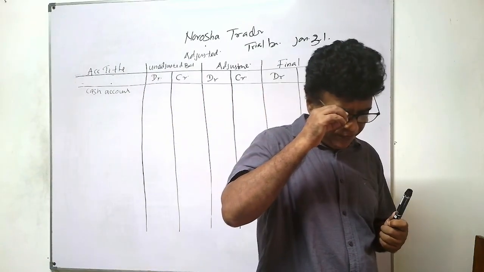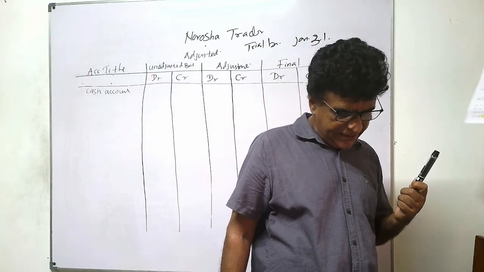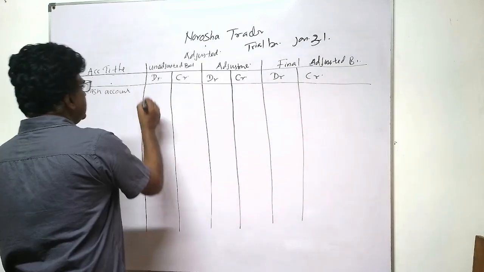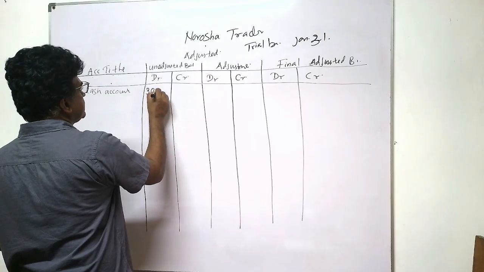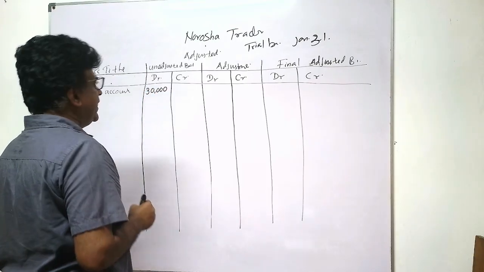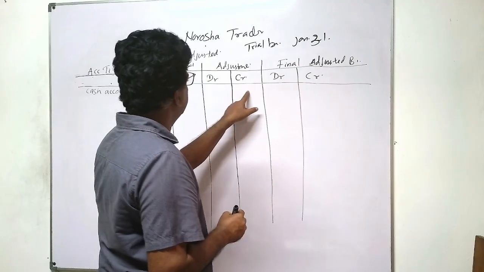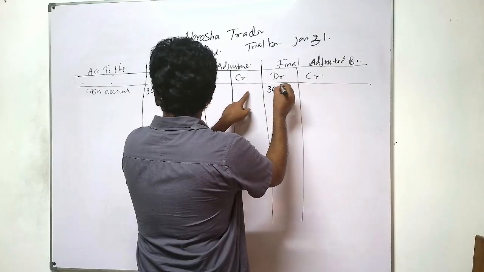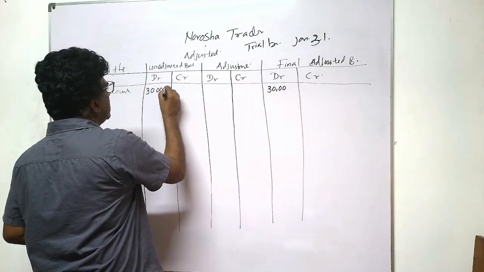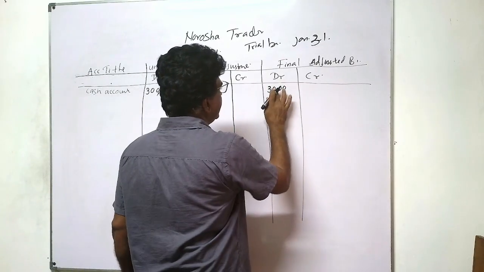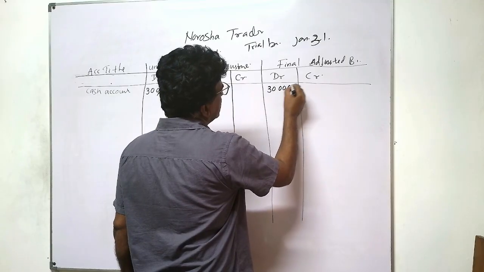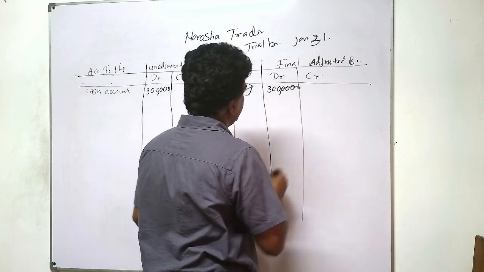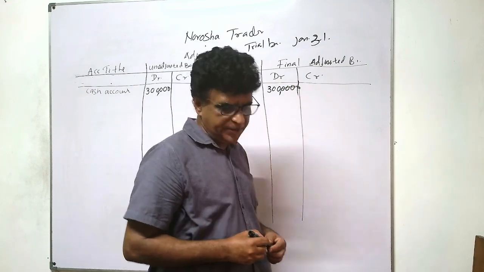In the cash account, we have 300,000 debit balance in the unadjusted balance. No adjustments, so that 300,000 you can take as the final adjusted balance.